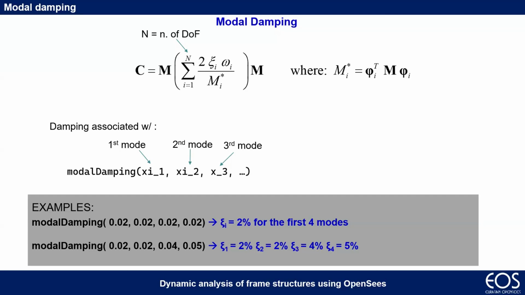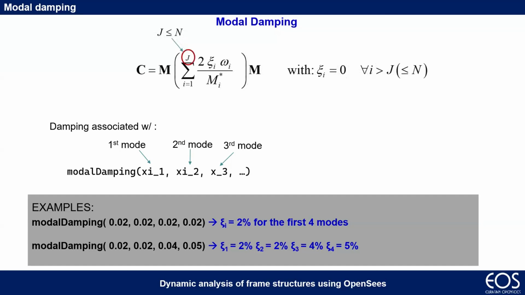What's the problem with this? That we typically don't have all the modes. What we can do is just fix a number of modes that I want. Okay, for example, fewer modes than the number of degrees of freedom of my structure. So just for J modes, the first J modes, I can fix a damping value.